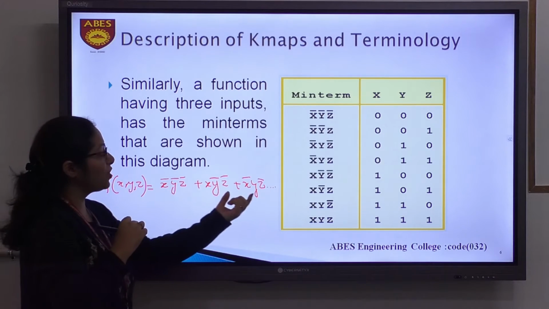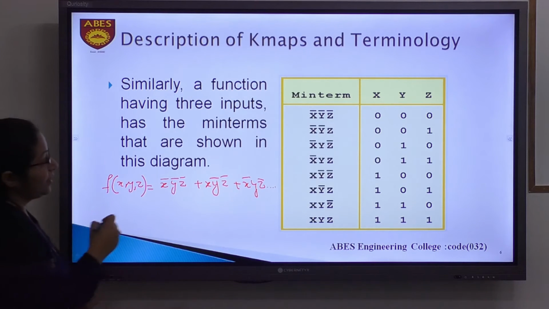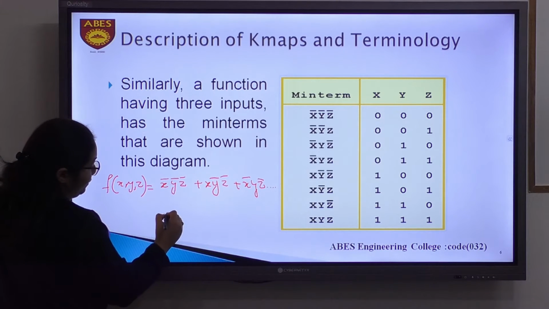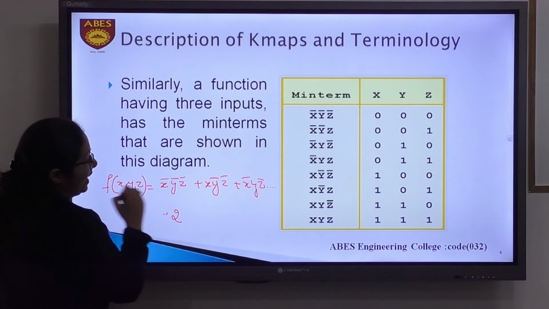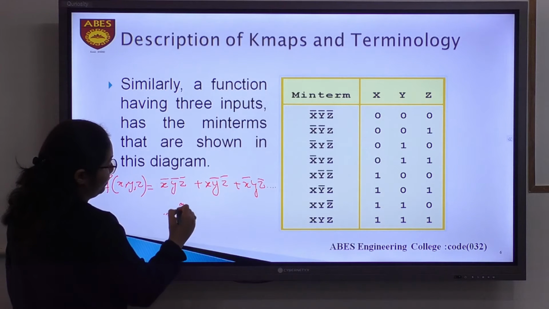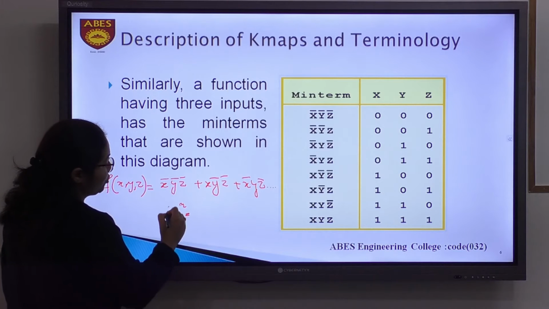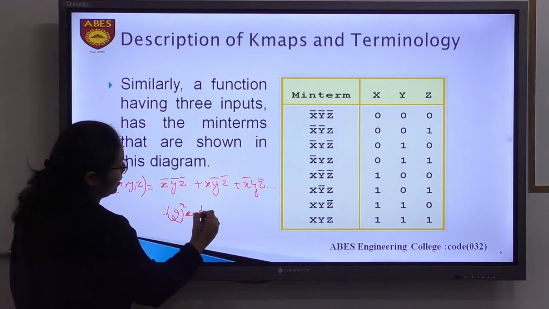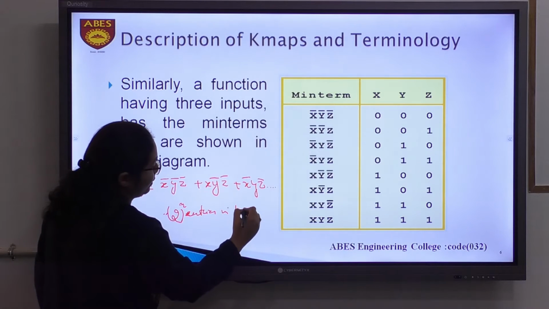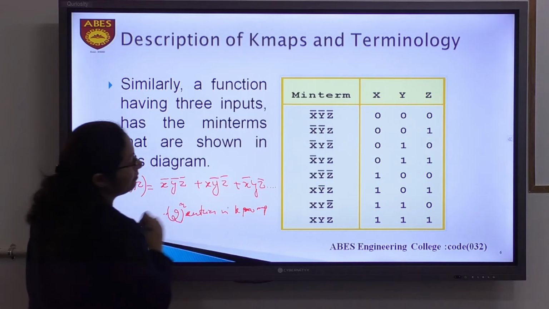What will be the values of these minterms? There is a general formula: if we have an n variable function, then we will have 2 raised to the power n entries in the K-map, or 2 raised to the power n minterms.